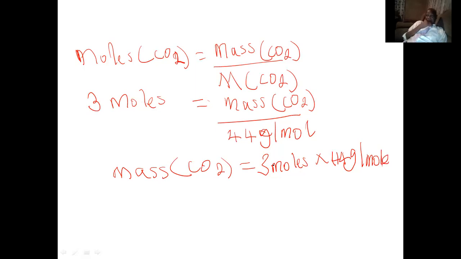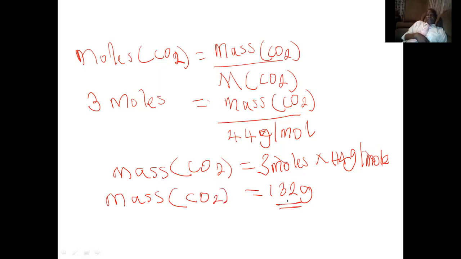And we know that this mole here will cancel with that one. And therefore what we are going to remain with is 132 grams. And so these are the grams for the carbon dioxide molecule.